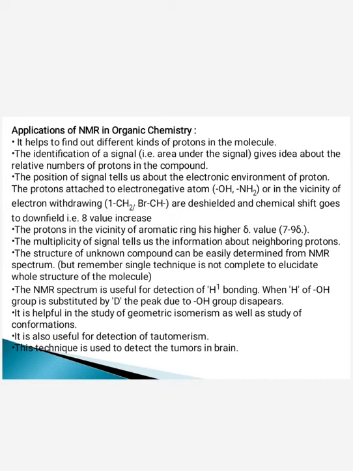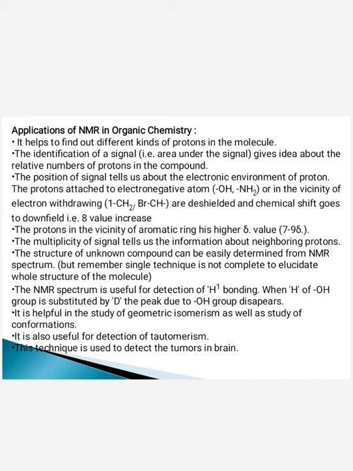Then we can calculate the total number of protons for each set, that is, the number of each kind of proton from the NMR. Then the peaks of OH and NH2 can be identified from the NMR spectrum.